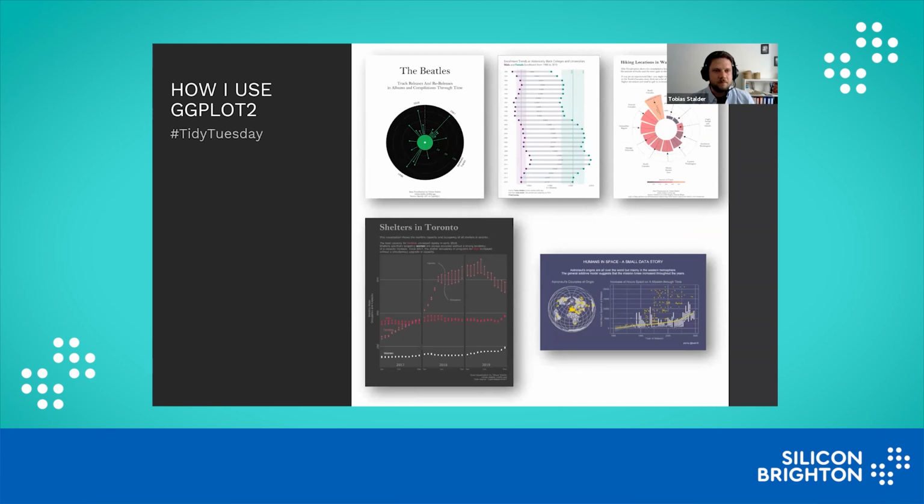I also regularly participate in Tidy Tuesday, which is a Twitter challenge from R for Data Science, where they just provide a data set every week that you can mine and analyze and visualize. And it's a really good practice for data wrangling and visualization, I think.